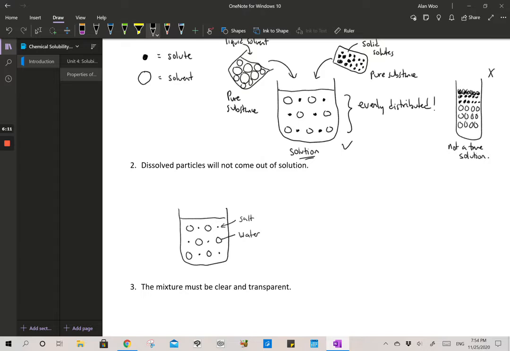So right now, if there's no lid, no cover, the water molecules might evaporate. If it evaporates, it'll leave behind crystals of salt. So salt will be left behind.